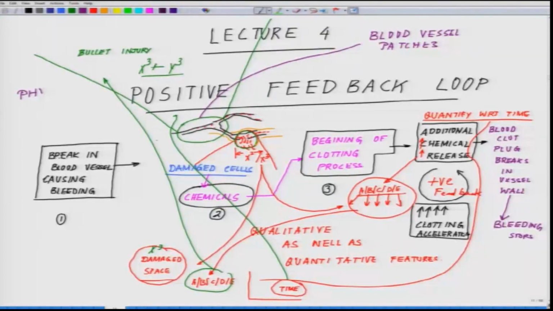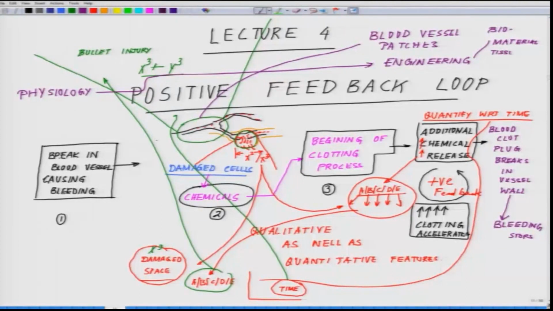So this is what we are talking about, physiology to what I call engineering or material science, material engineering or bioengineering, whichever way you like to address yourself. It could be bioengineering, it could be material engineering, or tissue engineering, or biomaterials.